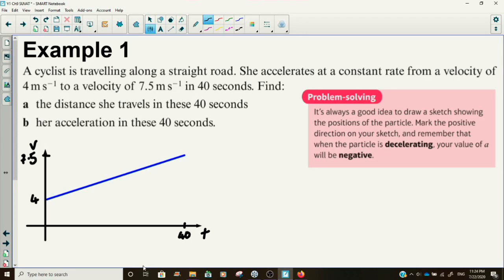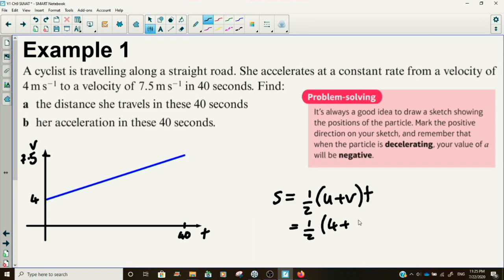Okay, so find the distance she travels in these 40 seconds. Well, the distance, as you know, is the area under the graph, so we just need to use SUVAT for that. We're going to use S equals a half (U plus V) times T. We have the initial velocity, the final velocity, and the time, so we can put them into that formula to work out the distance.